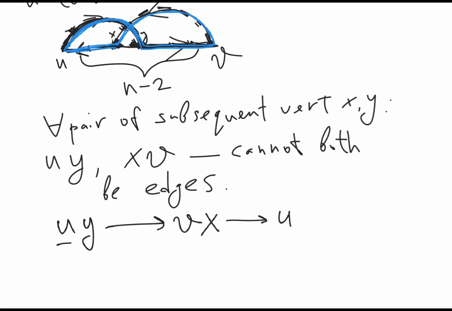So we started from u and we ended with u. So this would be a Hamiltonian cycle.